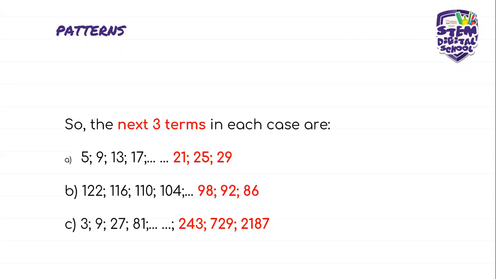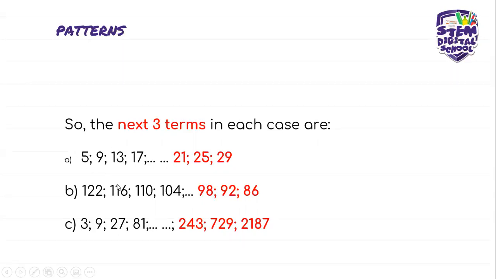And then the next 3 terms, again, you'll just keep on adding 4. 17 plus 4 will definitely give you 21. And 21 plus 4 will give you 25. 25 plus 4 will give you 29. I hope that this time we are not as fast. Junior, I hope that you are able to follow there in the first one, A.